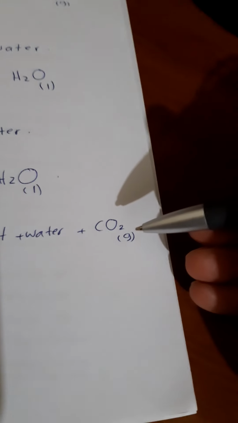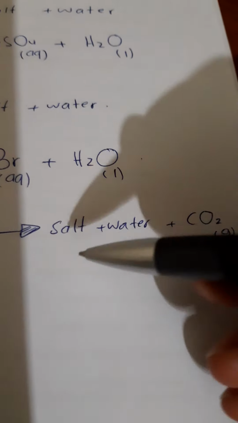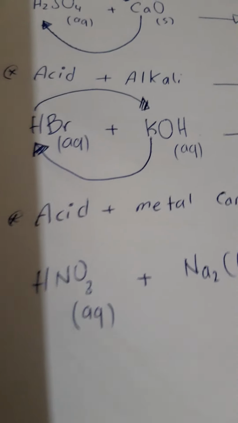So the products are salt and water, the same as acid plus base. But you have one more product here, which is carbon dioxide gas. So the products would be salt, water, and carbon dioxide.